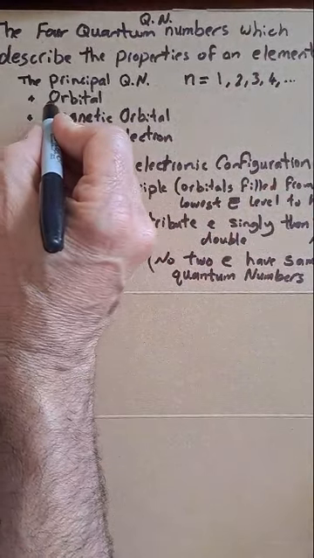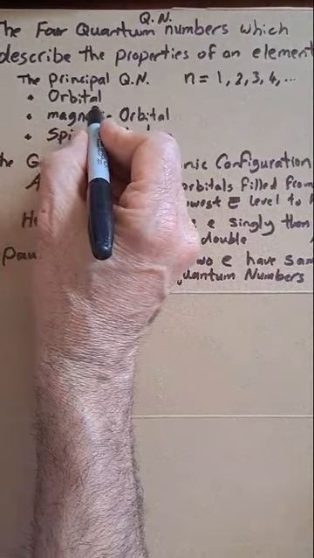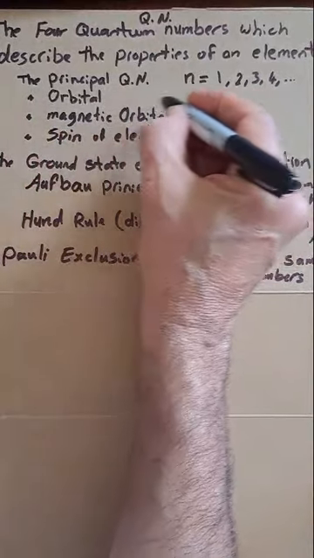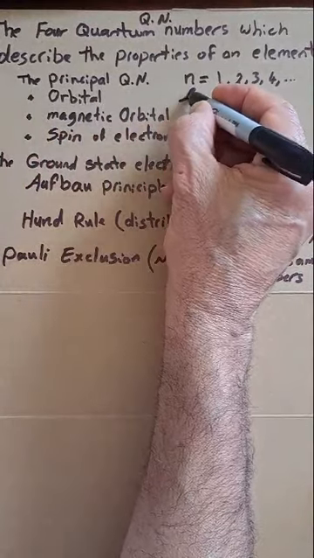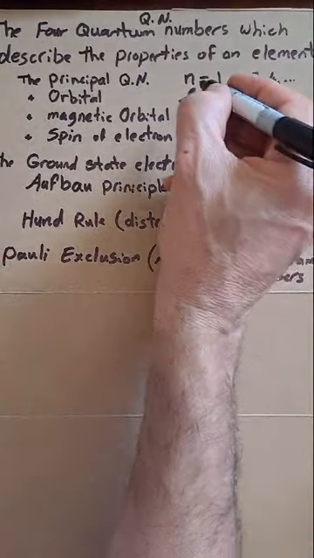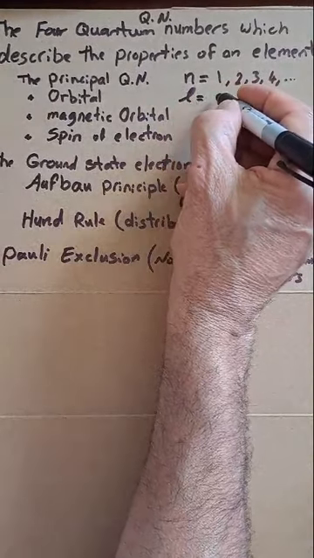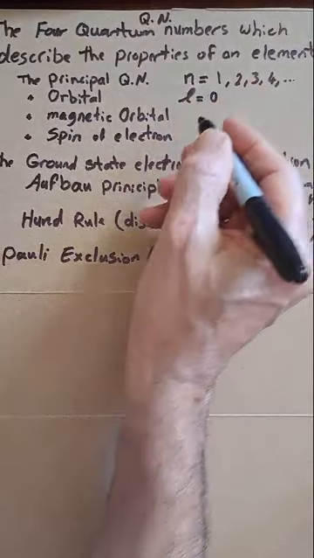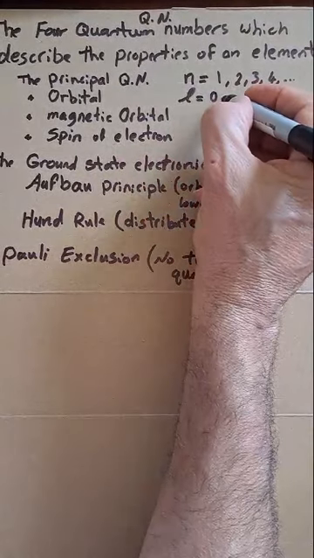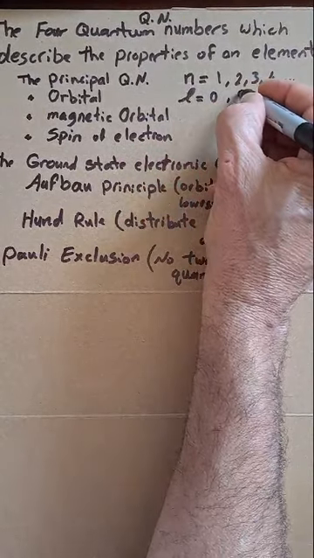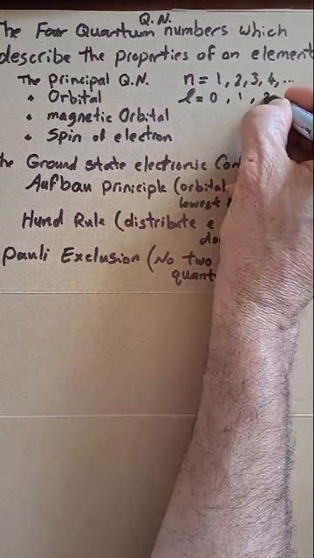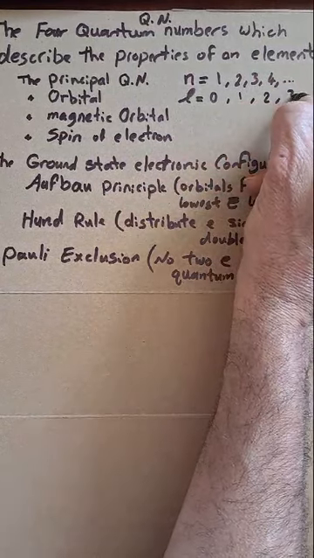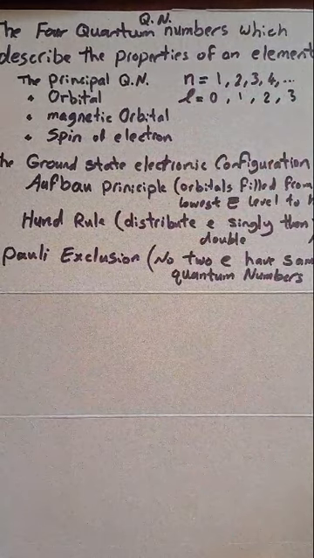Then the second quantum number is the orbital quantum number, which is l, small letter. This l could be 0, 1, 2, 3, and so on.